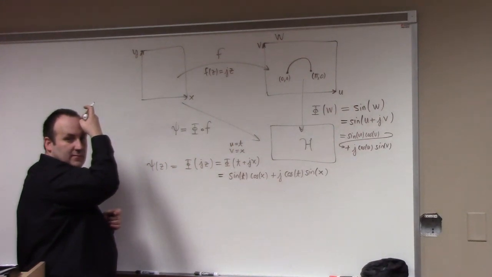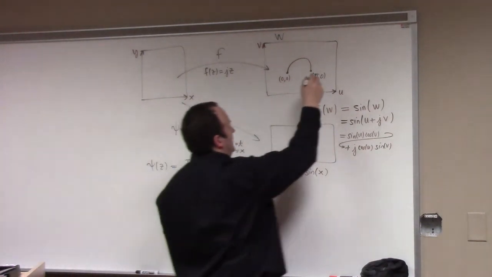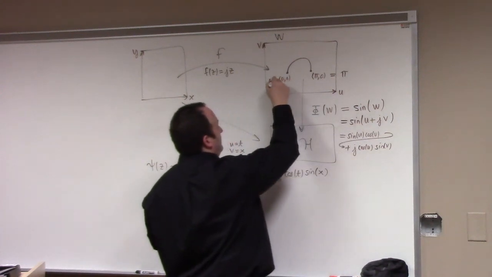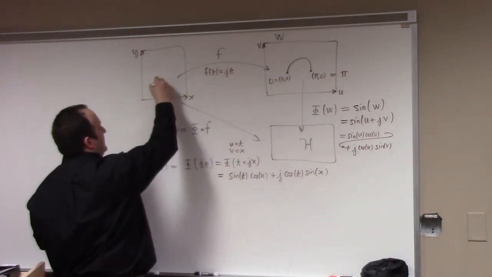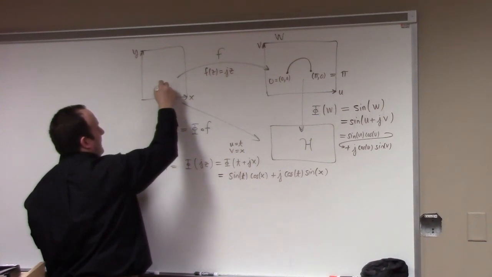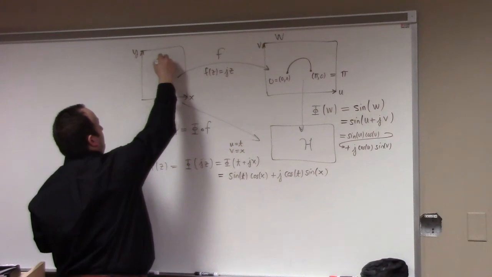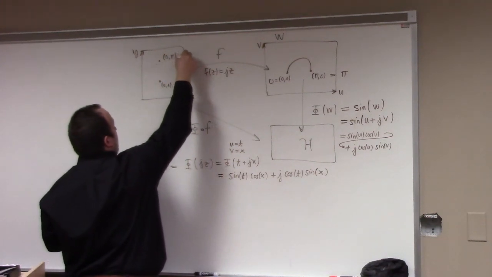So this is pi, and this is 0. So that's coming from 0 and 0, pi, also known as pi j.